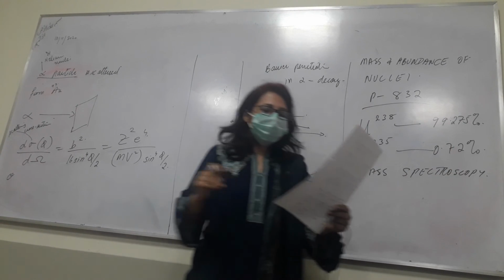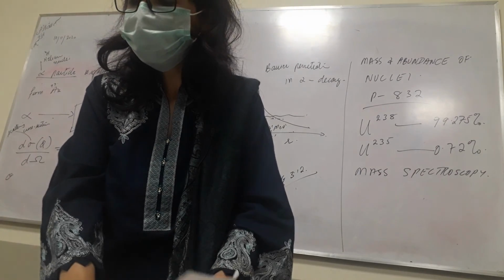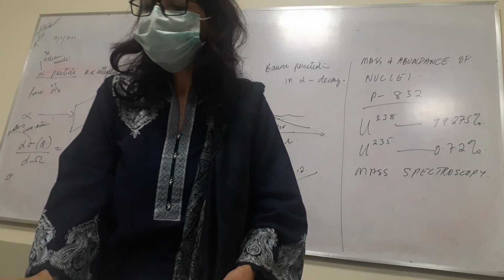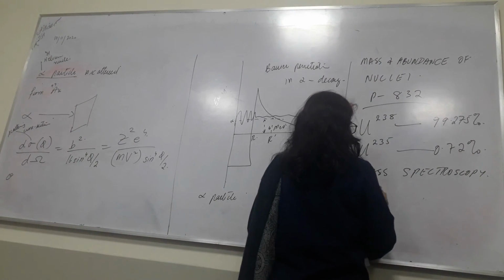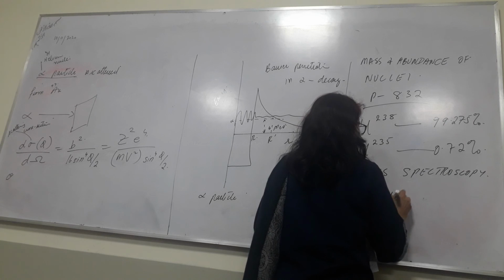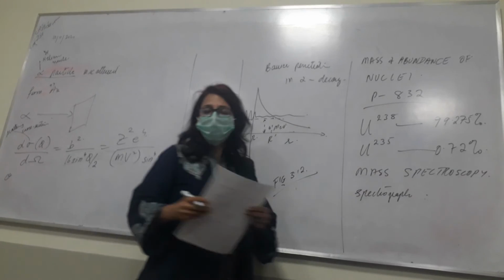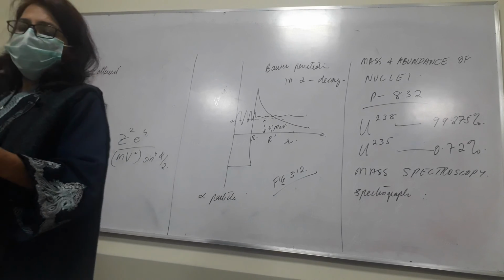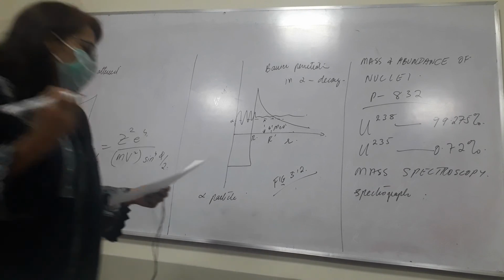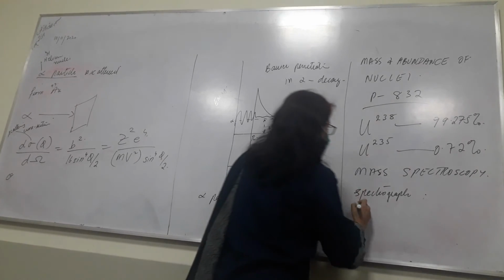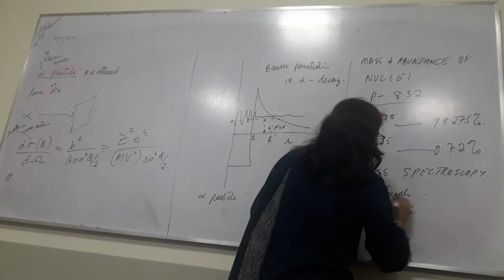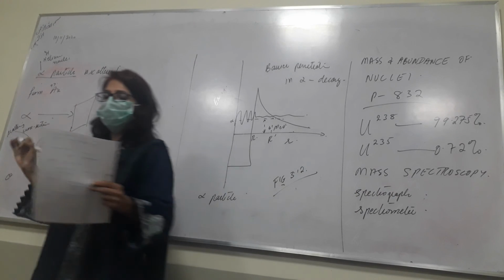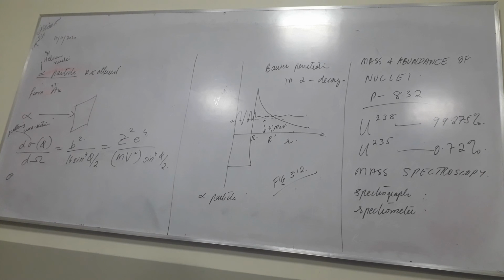This is a technique in which you use an instrument for measuring mass, and you make a graph which is called a spectrograph, and from this graph you can calculate the masses. Spectroscopy is the technique, spectrometer is the instrument, and spectrograph is the graph.